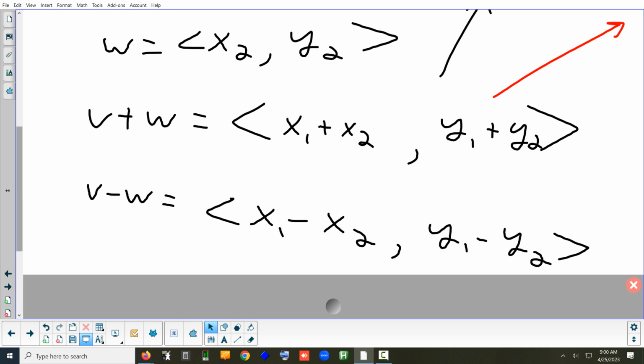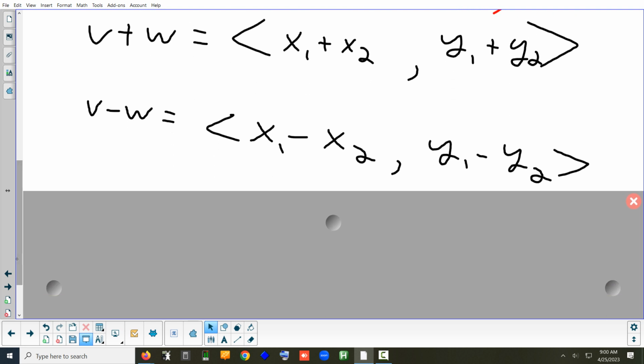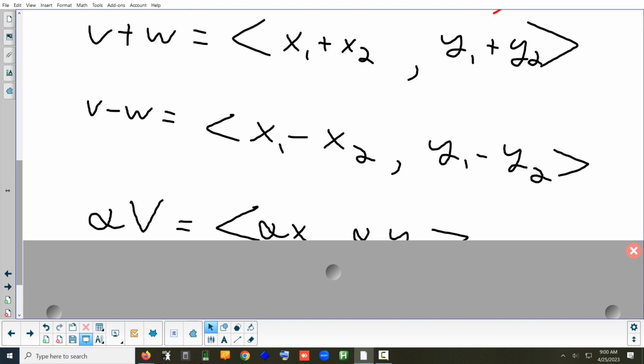You subtract the x components and subtract the y components. With subtraction, the order is important. If you switch the order you subtract in, you do not get the same answer. Think of 5 minus 2, and then think of 2 minus 5. So follow the order they give you. Okay, so it's adding and subtracting.